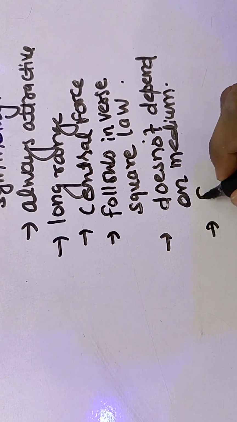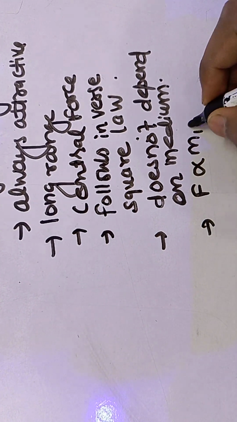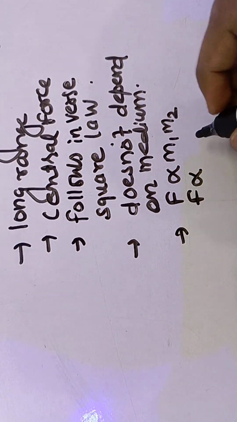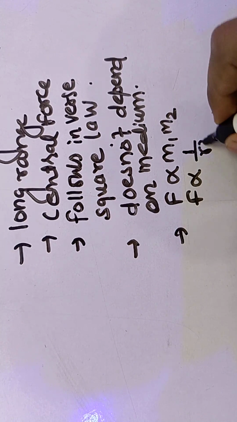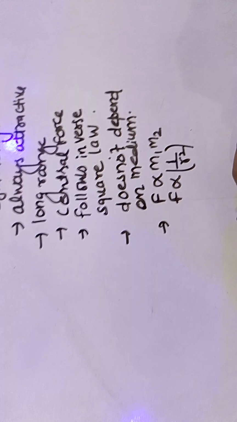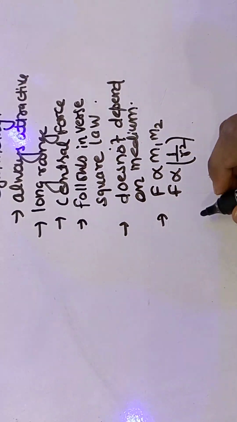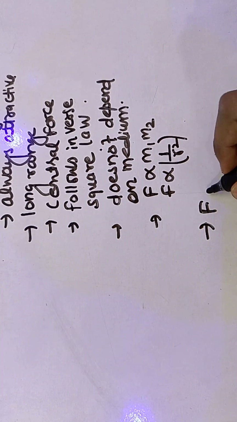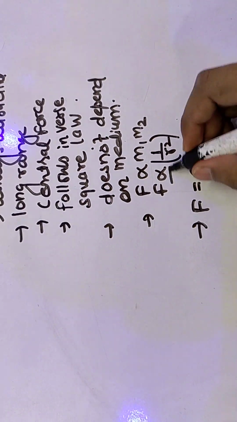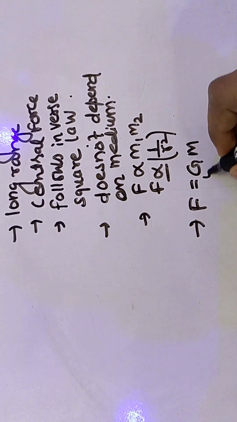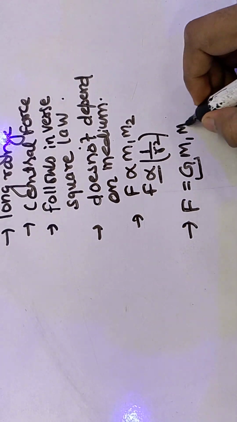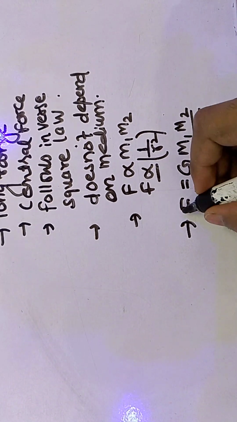Like, force is directly proportional to m1 m2 and inversely proportional to 1 by r squared. So when we finally conclude, removing the proportionality sign, we get a constant known as the gravitational constant, F equals G m1 m2 by r squared.